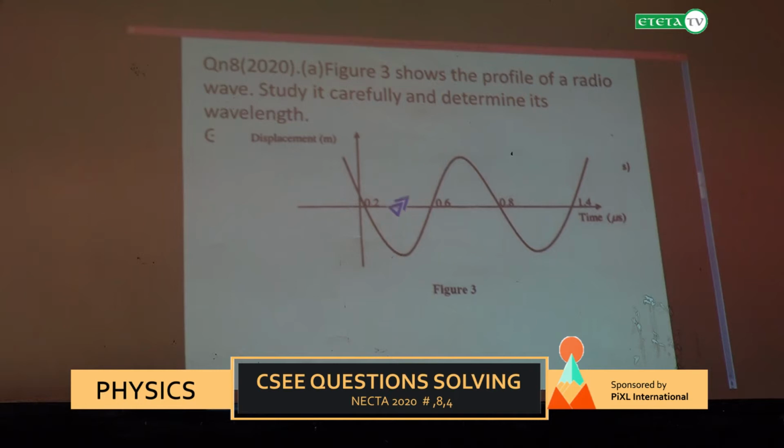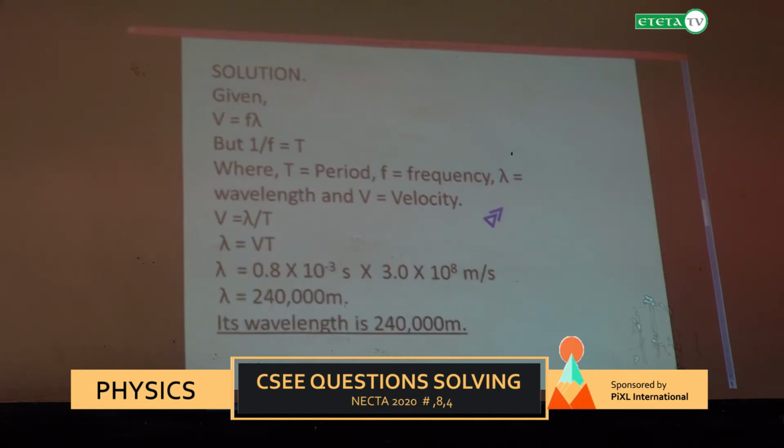A half plus a half, then you get a complete cycle. When we reach this time here, it completes one cycle, and here, 0.8, is the period, labeled as capital T. Are we together? Let's see now the solution.